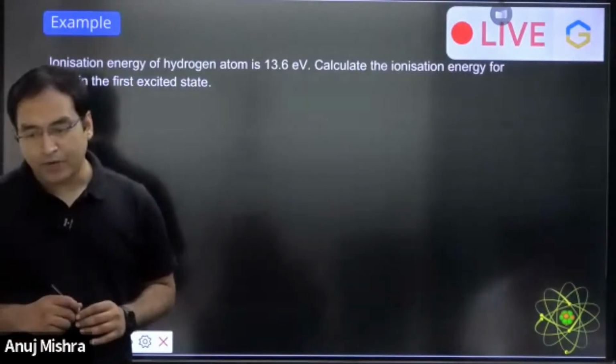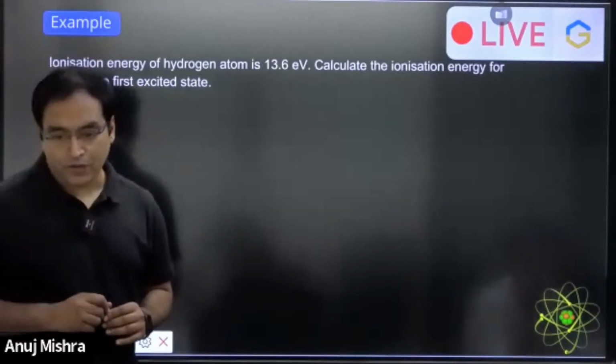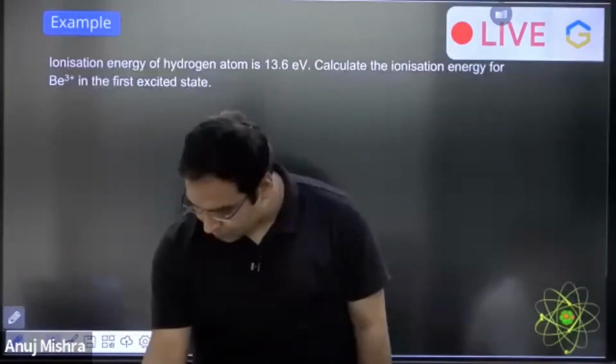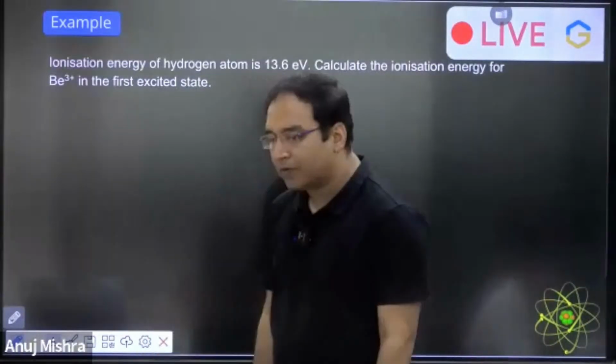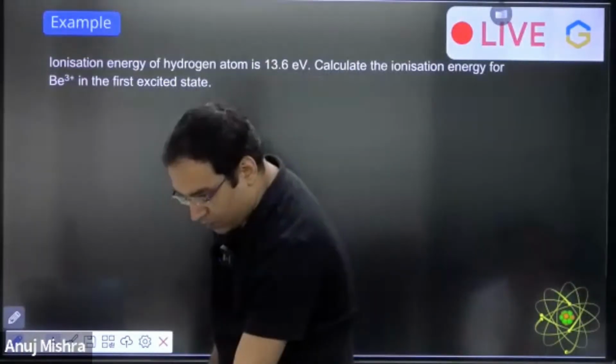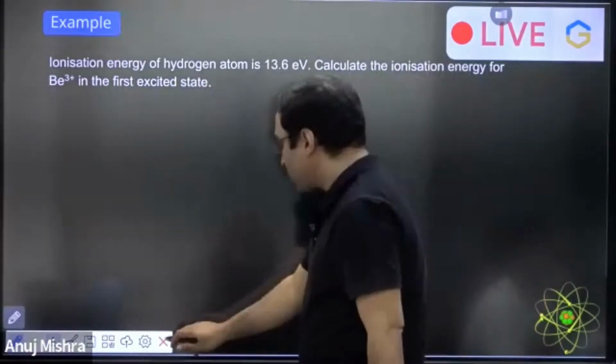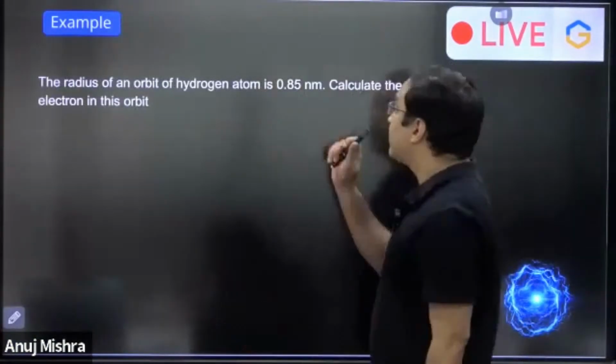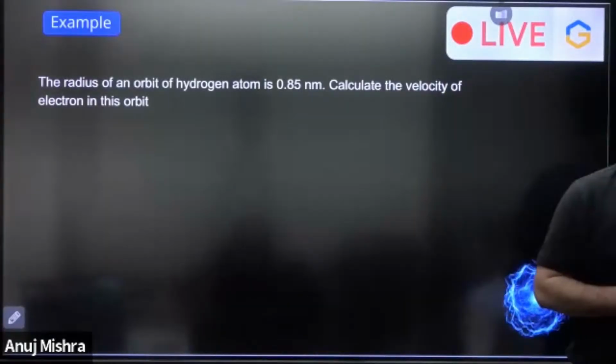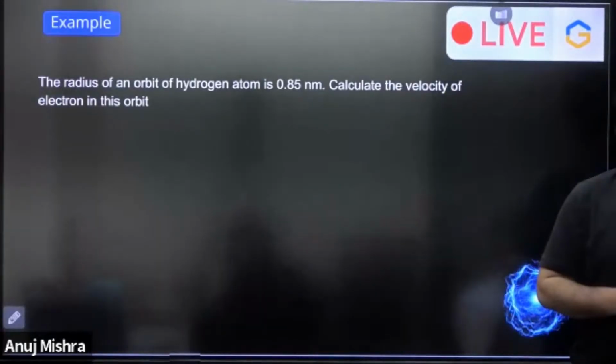Energy of an excited electron, ionization energy of the... Okay, you haven't done this one yet, you did this one. Is this clear? This question is clear. In the last class, we did the last question.